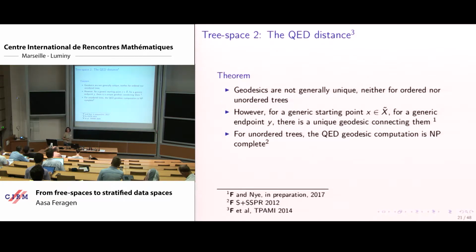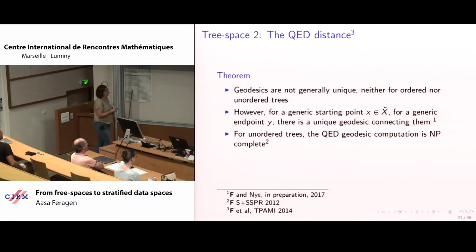Now, unfortunately, in these tree spaces, because you have these conical structures, you are not going to have unique geodesics everywhere. But what we can show is that if you pick a generic starting point, and then you pick another generic endpoint, there will be a unique geodesic joining them.